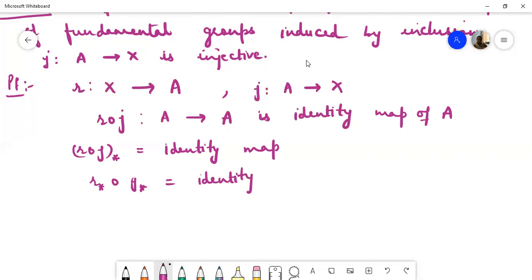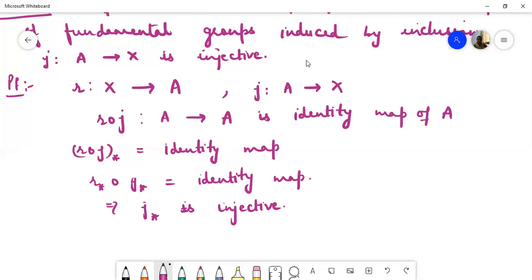If R star circle J star is the identity map, then J star is injective and R star is a surjective map. So J star is an injective map. This we wanted to prove. So the proof is complete.